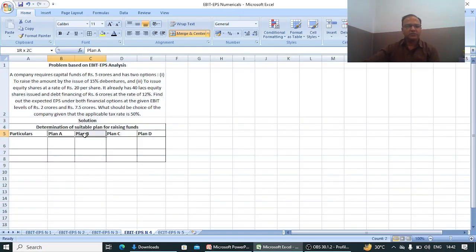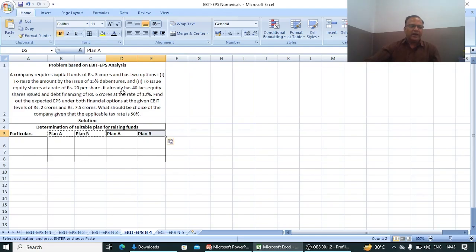There are two plans, plan A and plan B. And we have to solve this problem two times. First, we will write EBIT 2 crore and after that we will write EBIT 7.5 crore.